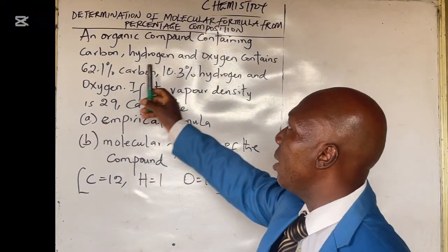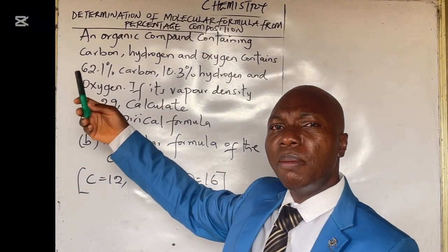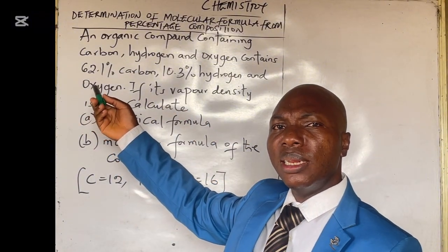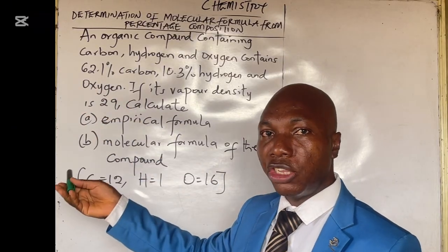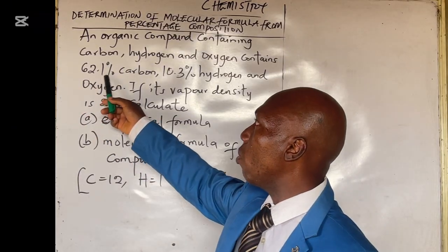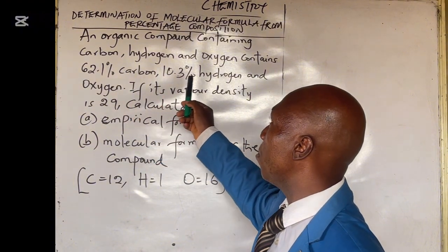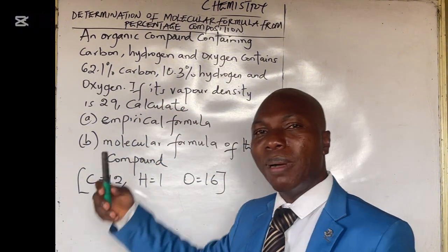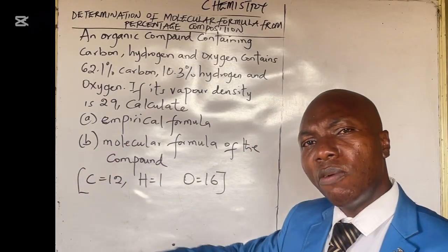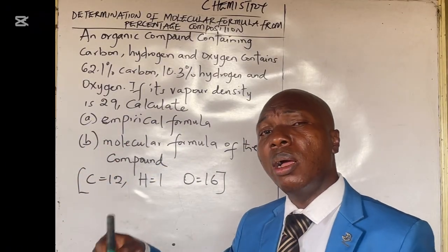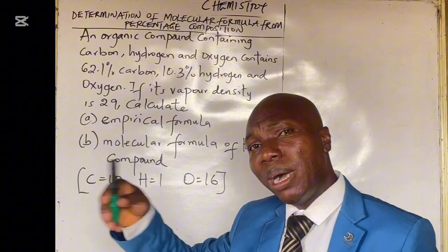We're given the mass of the elements in the compound in form of percentages. So we have 62.1% carbon, 10.3% hydrogen, and the percentage for oxygen is not given. We know that the total percentage in the compound is 100.